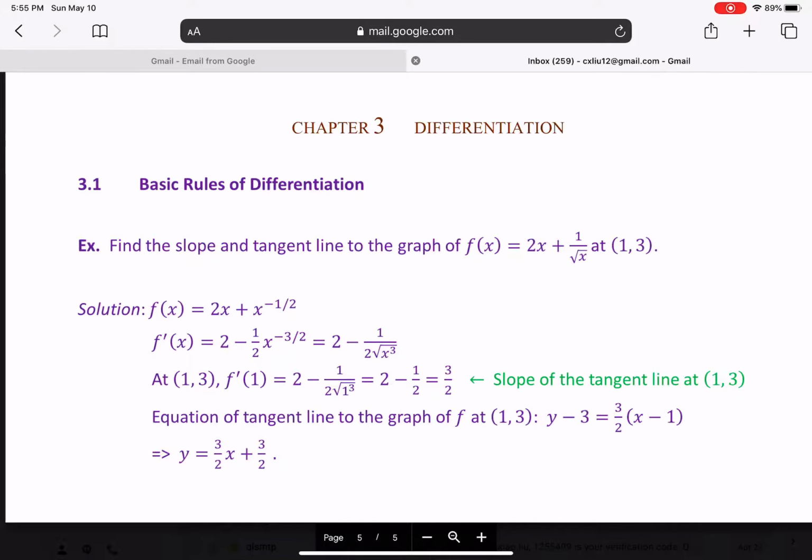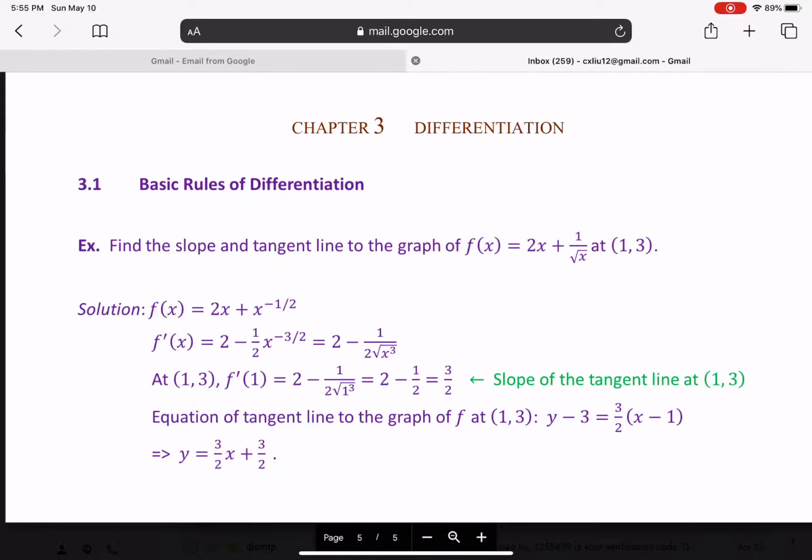As before, we can rewrite the function as 2x plus x to the negative 1/2 in exponent, because we got 1 over square root of x, so the exponent is negative 1/2.